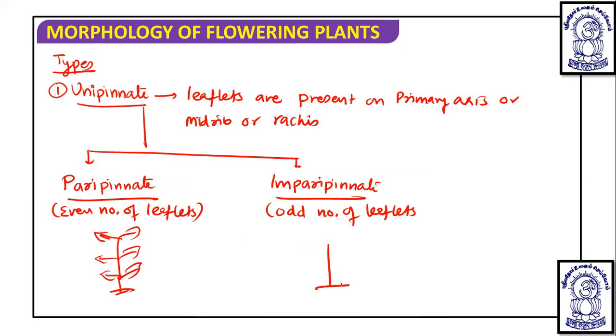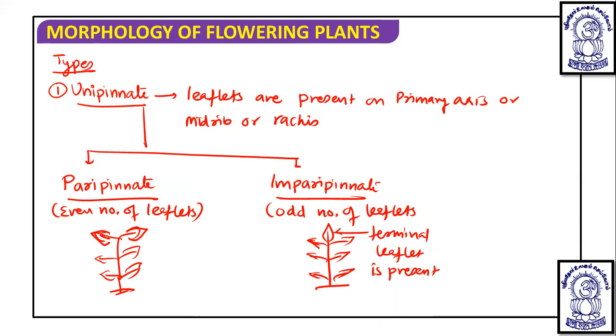But if these are the 2, 4, 6, and a terminal leaflet is present, then it is known as imparipinnate. They are of odd number.